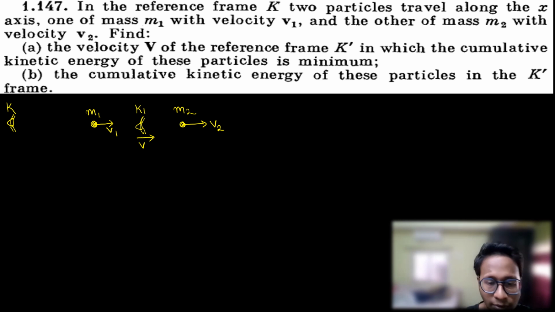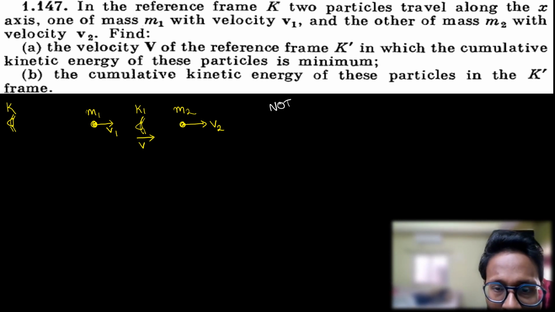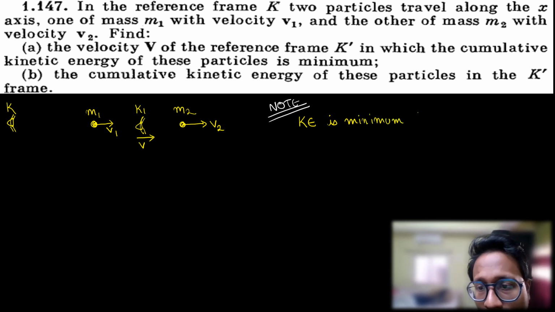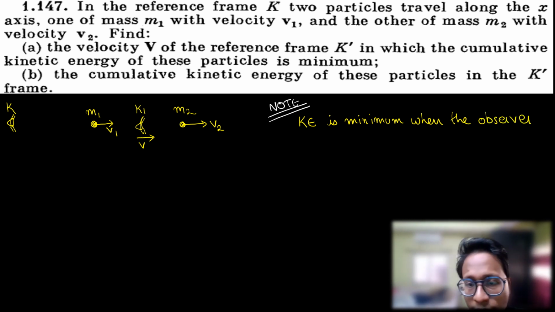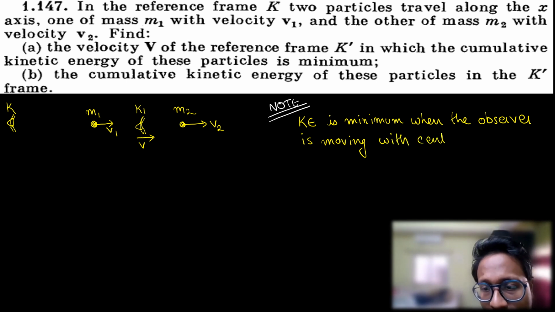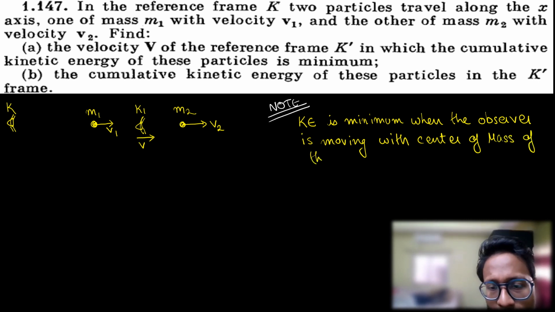So write down a note. Kinetic energy is minimum when the observer is moving with the center of mass of the system.